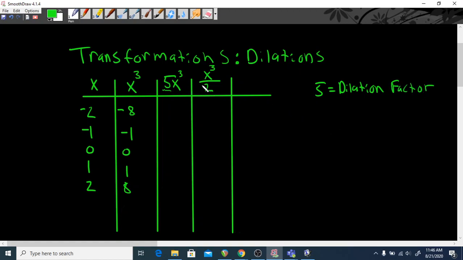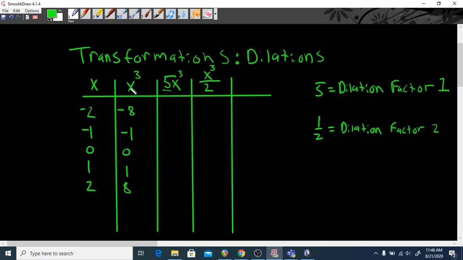And then in this other one, x cubed divided by 2, that's 1/2. It's like multiplication by 1/2. So 1/2 is the dilation factor for the other one. Dilation factor 1, dilation factor 2.